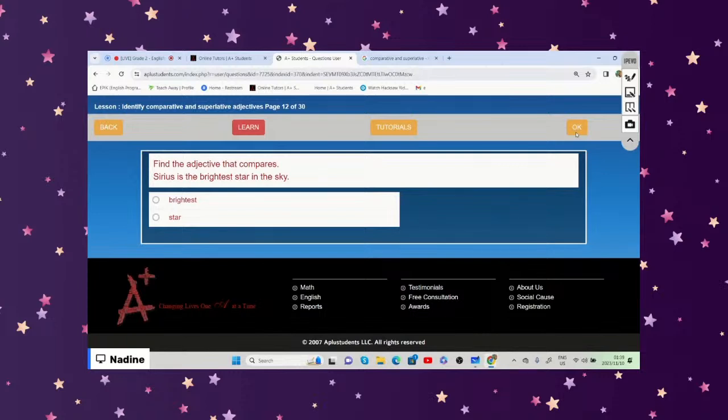So Sirius is the brightest star. So we will say brightest.